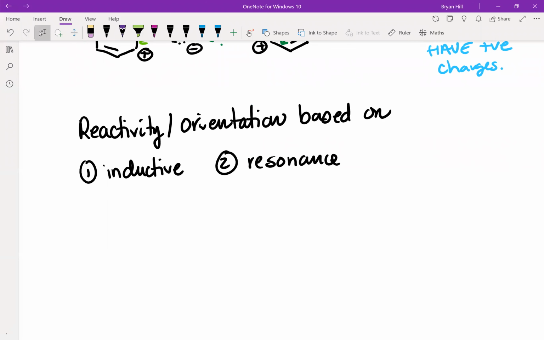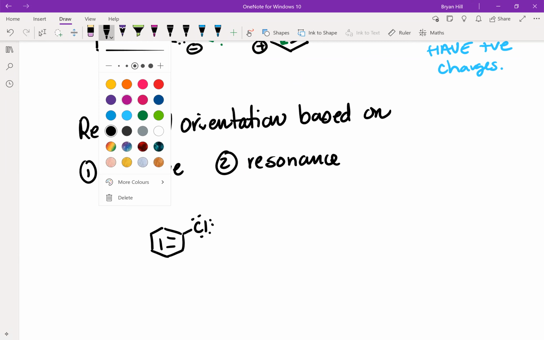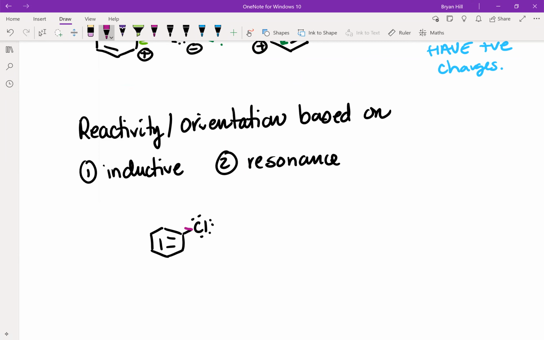So with regard to, say, this chlorine group, the chlorine is pulling electron density away.